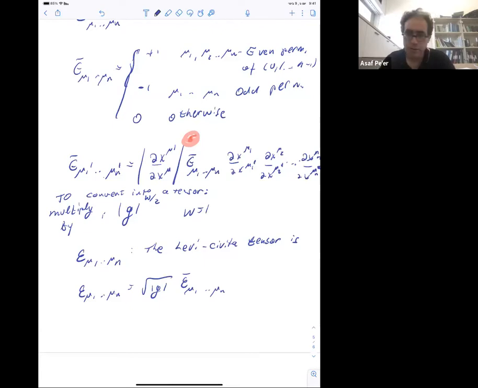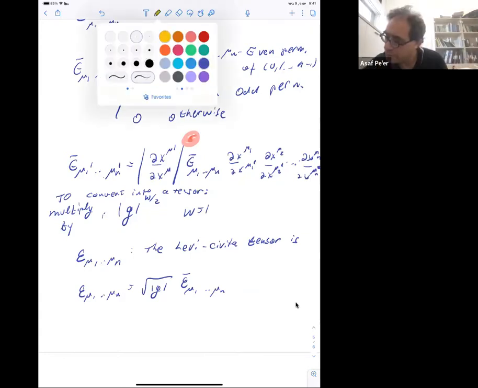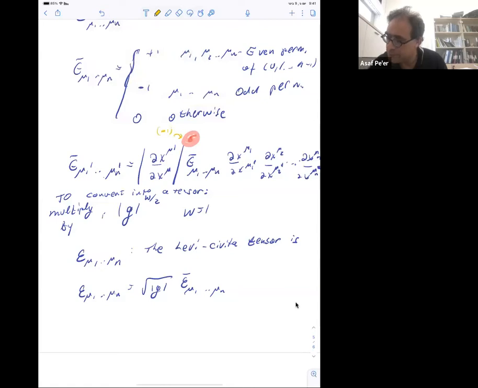Now, for the question that you had previously, you're right. So if we have epsilon with upper indices, then of course numerically they are equal to the epsilon with the lower indices. But now we have a tensor density with weight -1, right? Because if I use the upper indices, then I have to put here -1, dx mu to the power -1.